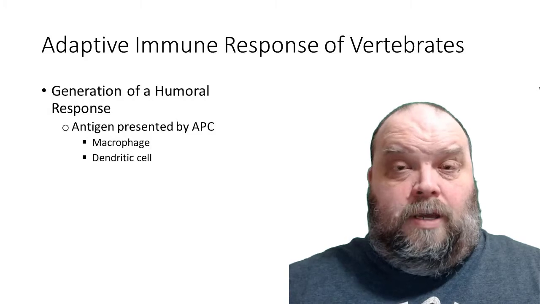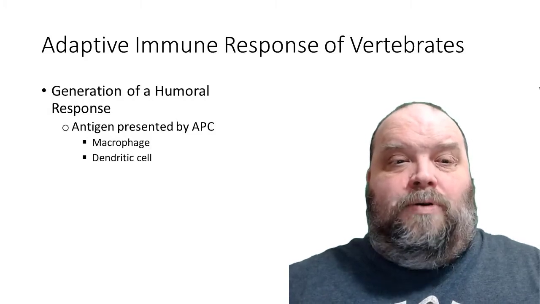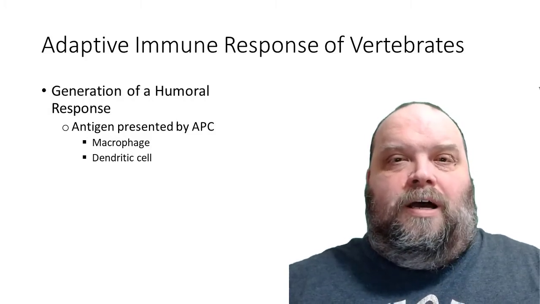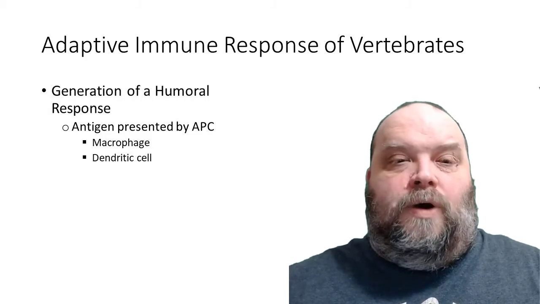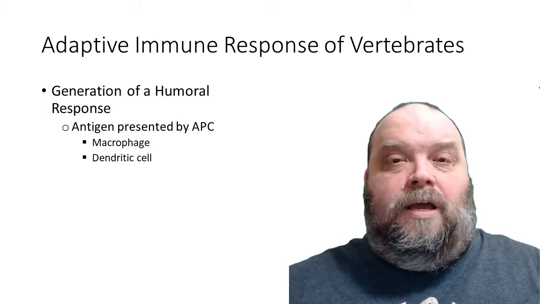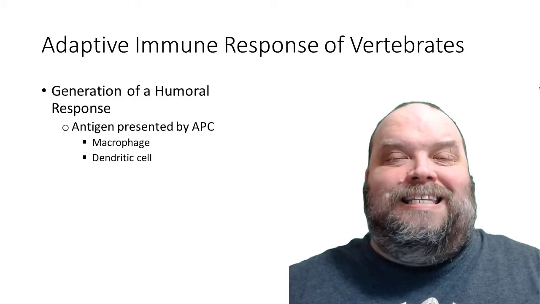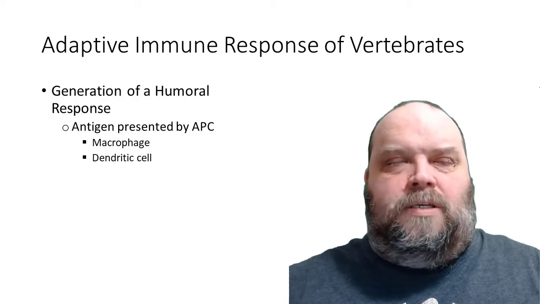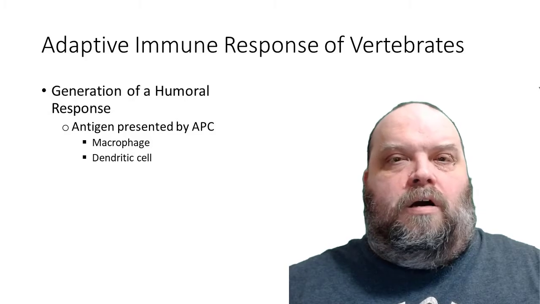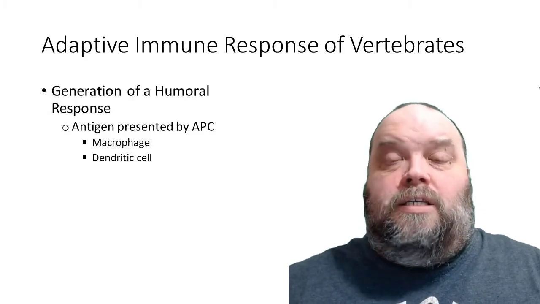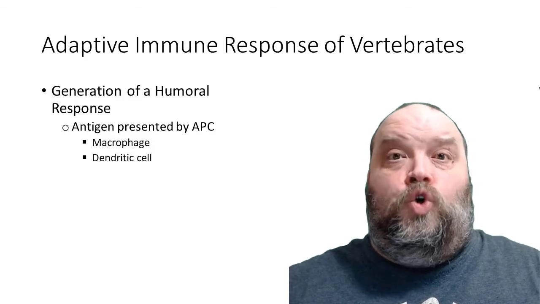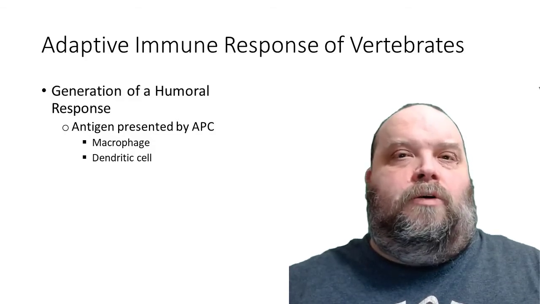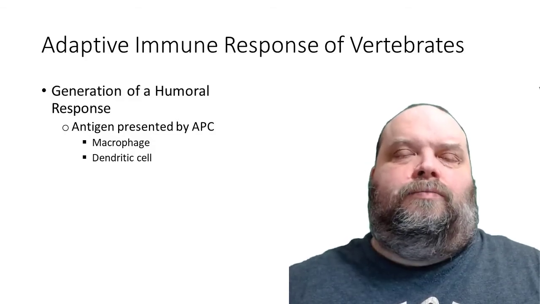T cells are activated when they are presented with an antigen by what they refer to as an APC, antigen presenting cell, APC. These are macrophages, dendritic cells, are chief two that will go and interact with the T cell.